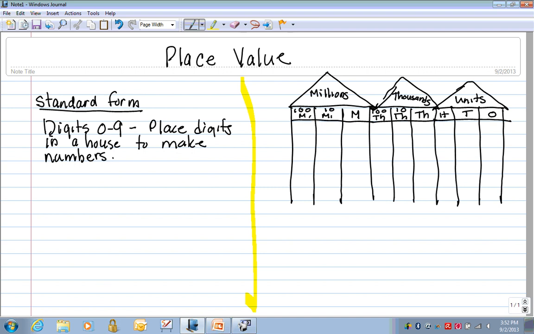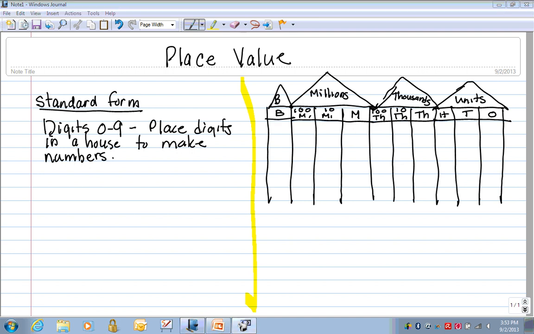I will pause so you can get caught up. I am also going to add to this house just one more column, and this one right here is going to be the billions. We're not really going to focus on that right now, but you need to know that after you get to 999 million and add 1, you would then get 1 billion.